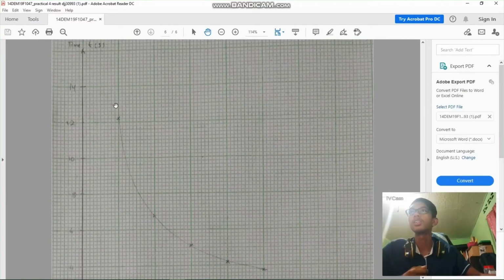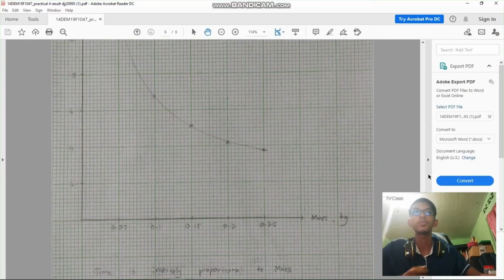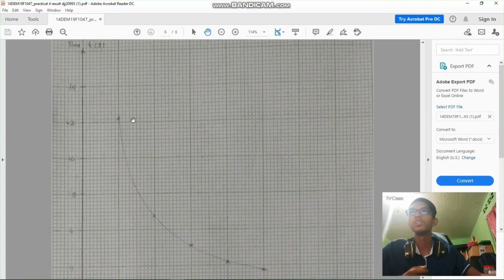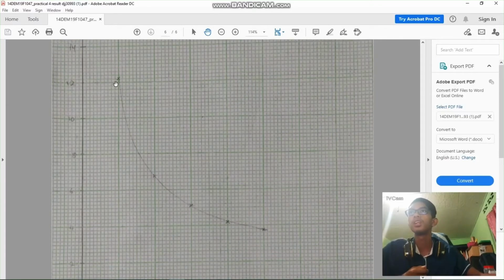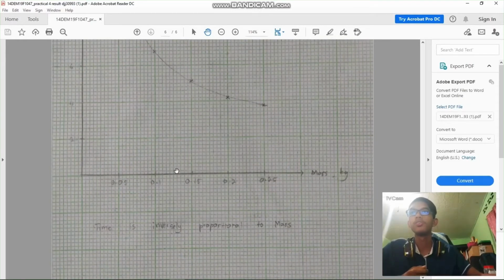And this graph is for time versus mass. From this we can see it's also curved to the bottom, and from this we can say time is inversely proportional to mass. Okay, that's all for me. Thank you.